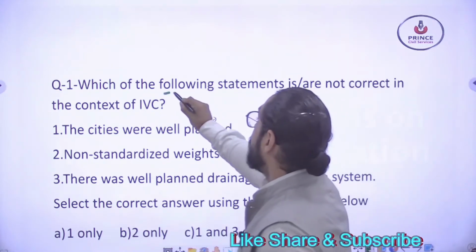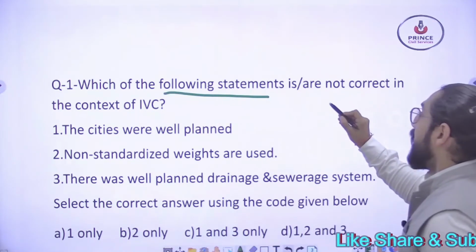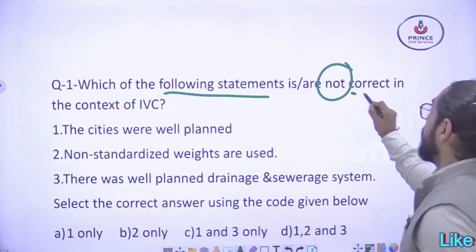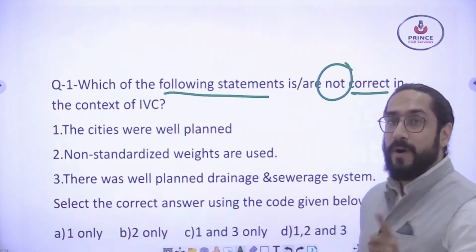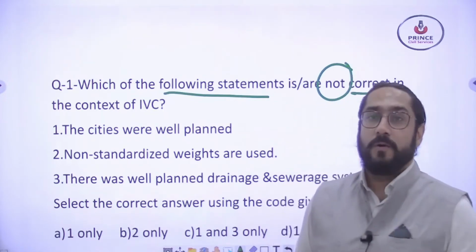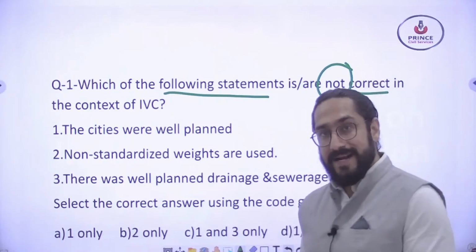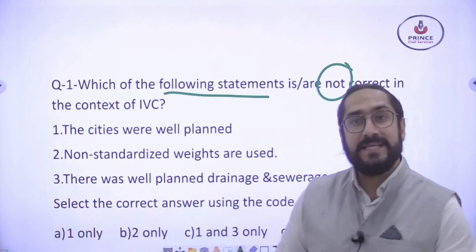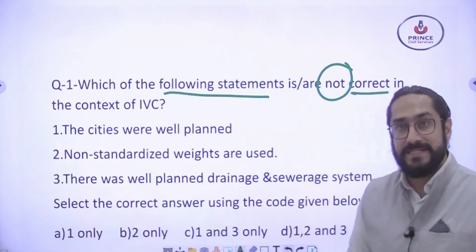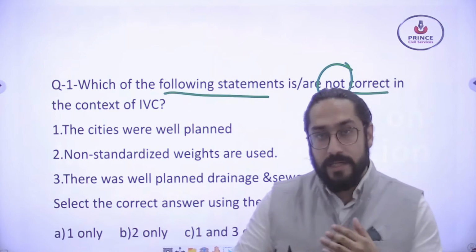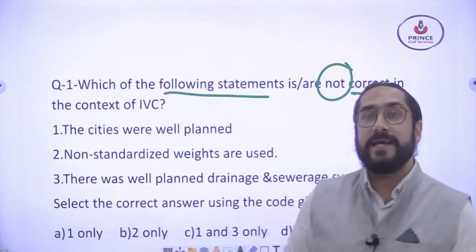Which of the following statements are not correct? So tip number 1 for today: always look whether the question is asking for the correct statement or the not correct statement. Aspirants generally commit this mistake of doing the question hurriedly without reading it properly.